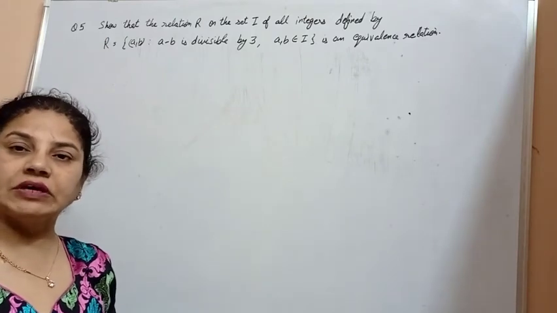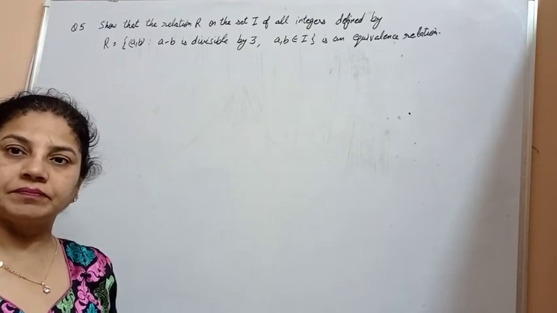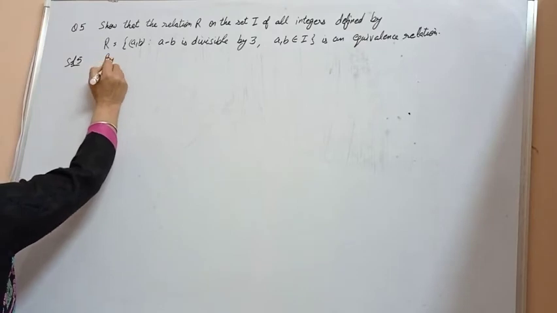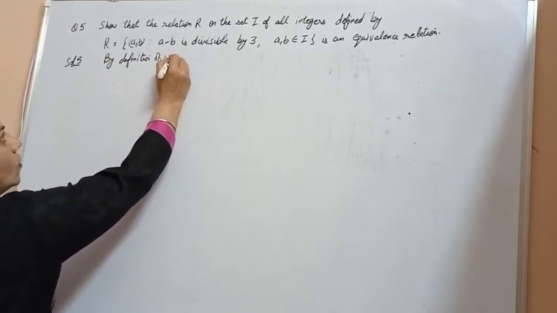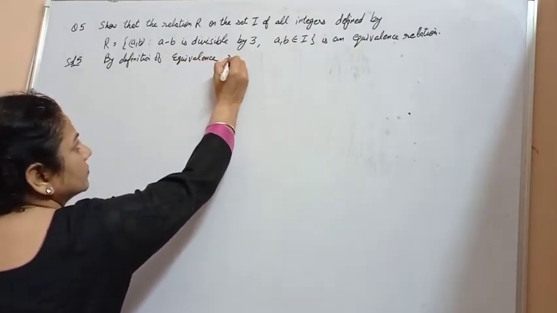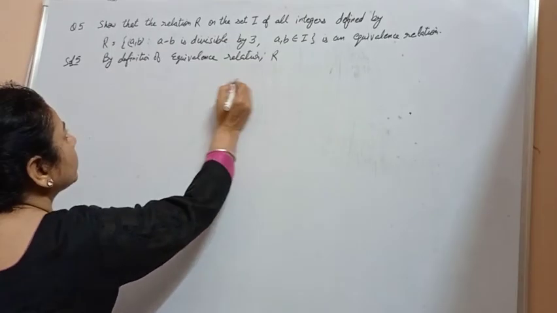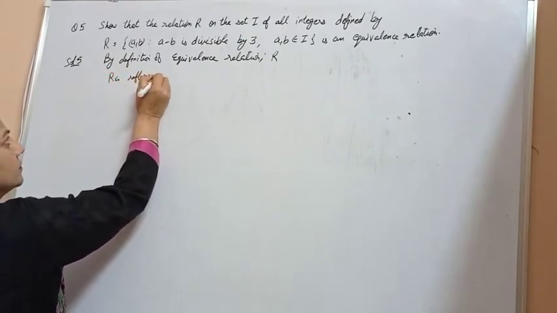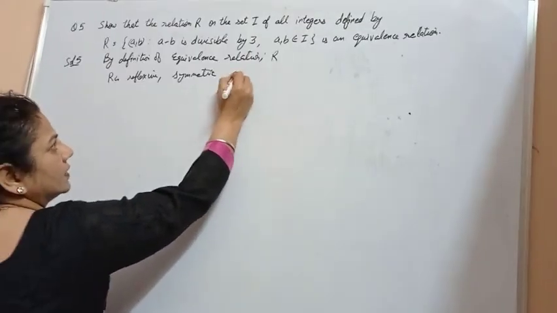By the definition of equivalence relation, R should be reflexive, symmetric and transitive.